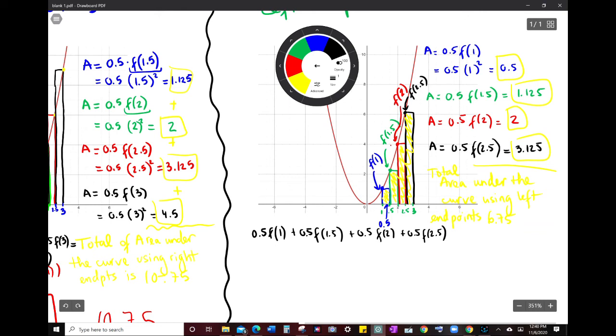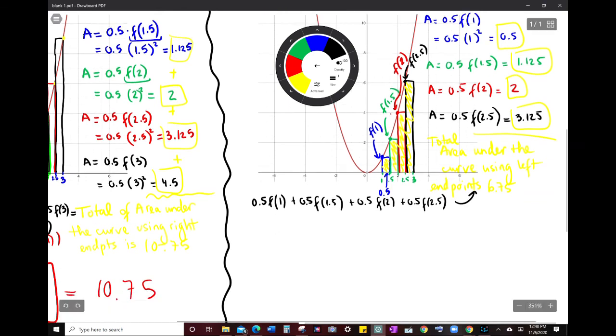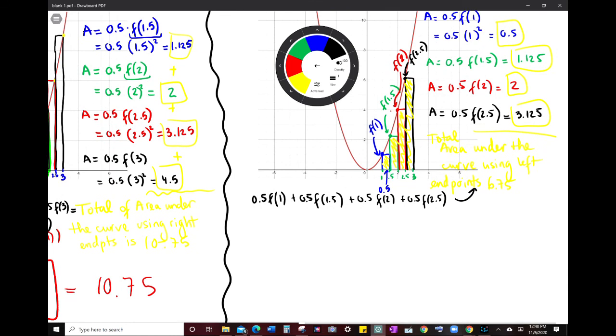Okay, and it also gives you the total area. But similar to the left endpoint, we have 0.5 outside, and then inside we can have f of 1 plus f of 1.5 plus f of 2 plus f of 2.5.